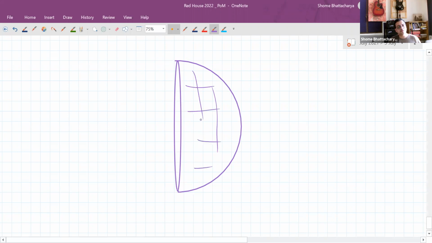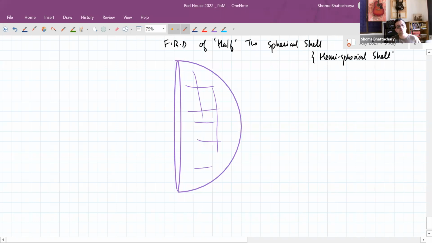We are just considering a free body diagram of half the spherical surface, or basically a hemispherical shell of fluid.